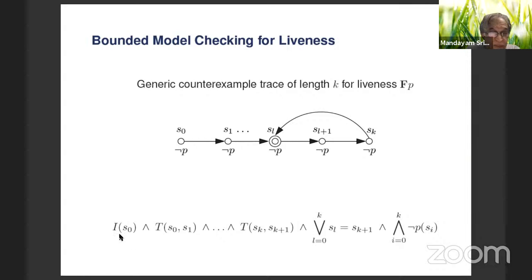So the first part here, from S0 to SK, says that there is a path, as per the transition relation, that's K long. And the second part, this disjunction, the big wedge here, says that one of the states, SK, loops back into one of the states.